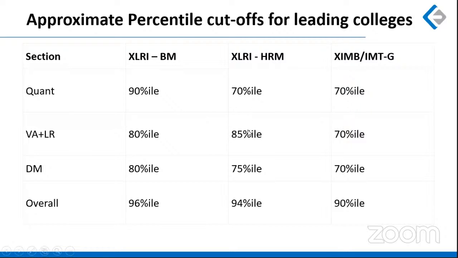So that is 70, 85, and 75. Again, approximate values of sectional percentile. Overall could go to 94 here. And XIMB Bhubaneswar or IMT Ghaziabad will require 70 percentile as a sectional in each and 90 as the overall.